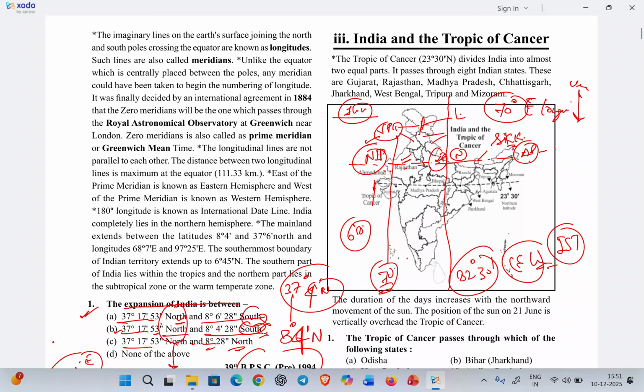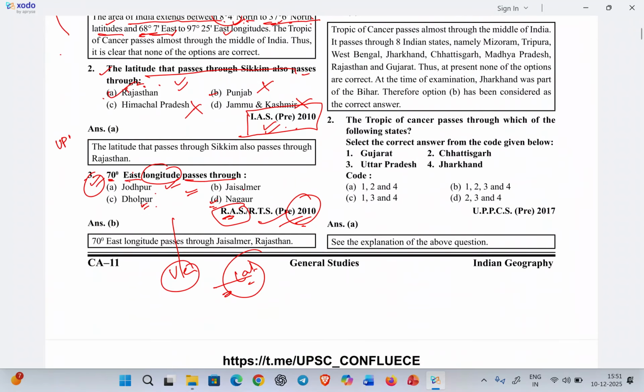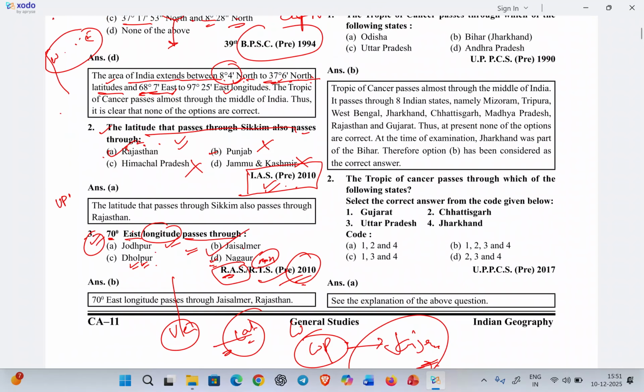Around here the nearest place would be only and only Jaisalmer, which is in western Rajasthan. Not Dholpur, not Nagpur. Nagpur is in Maharashtra, not at all. Okay, so this is Jaisalmer.